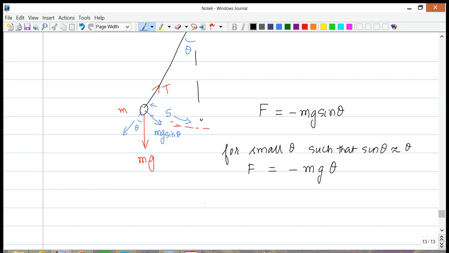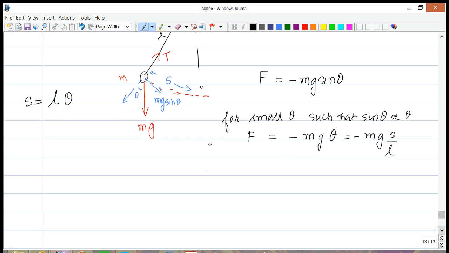If you look at this little picture of the arc length, the radius is L, the arc length is S, and if the angle is theta, then the arc length is dependent on the angle theta in the following manner. I can rewrite this as minus mg times S divided by L. Now we ask, what is F equal to?